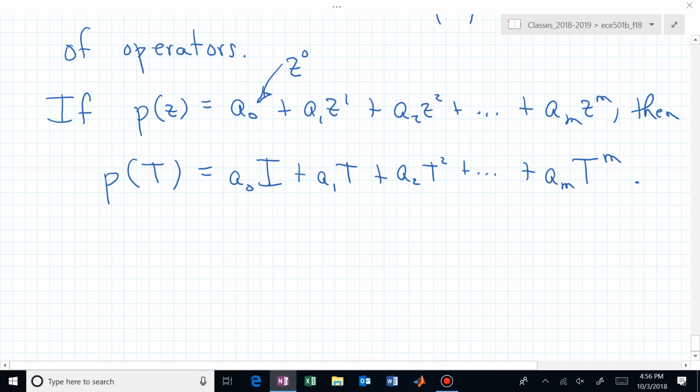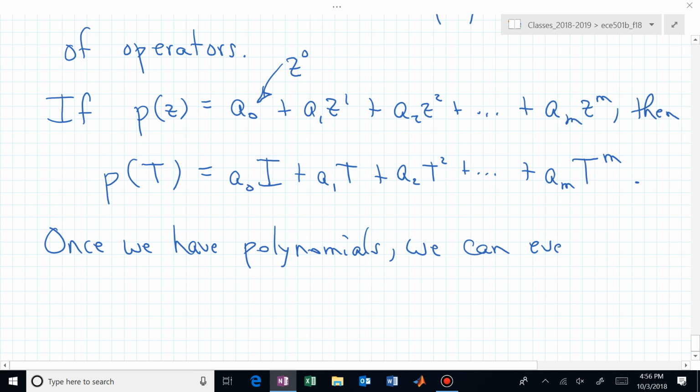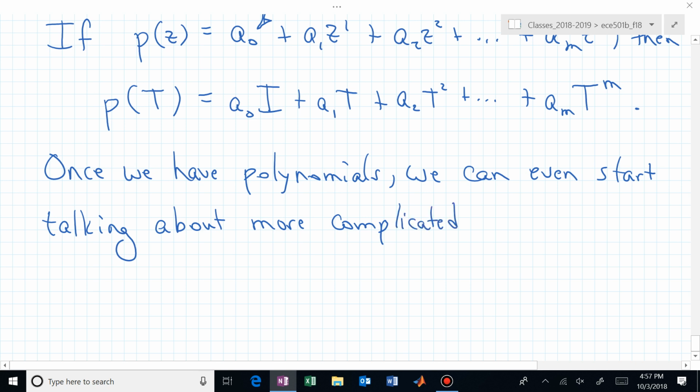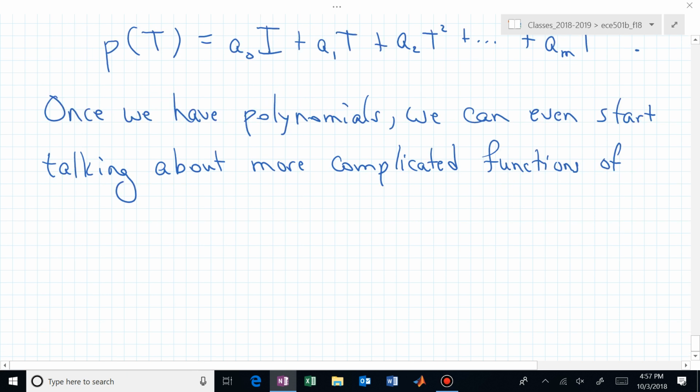So once we have polynomials, we can even start talking about more complicated functions of operators.